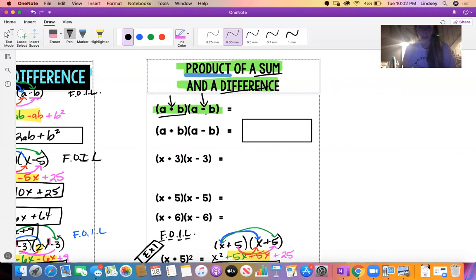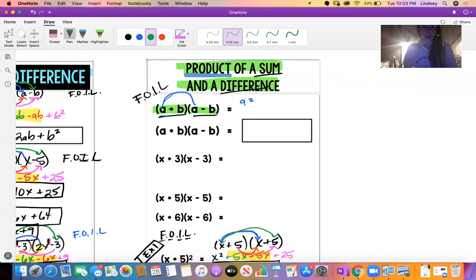So I see I have a polynomial times a polynomial. So I should immediately think FOIL. First, outer, inner, last. So first, A times A. So I'm going to have A squared.